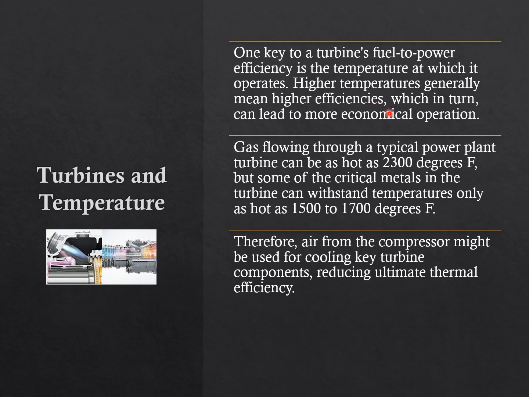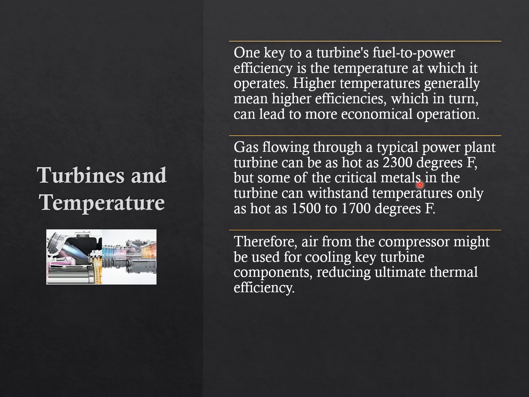Higher temperature means higher efficiency, because you can reduce the cost. It leads to more economical operation, meaning you don't have to waste so much money. So using high temperature gives you high efficiency. These turbines can turn the fuel into power at very low cost of operation.